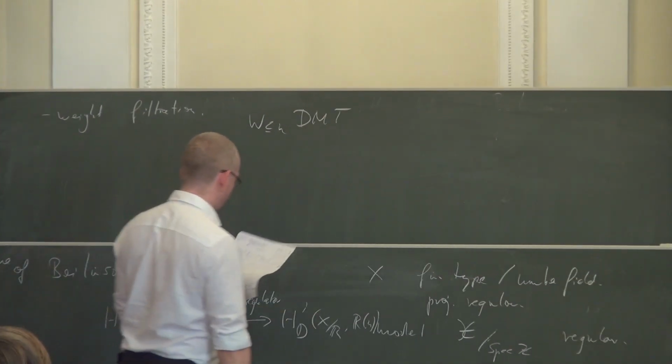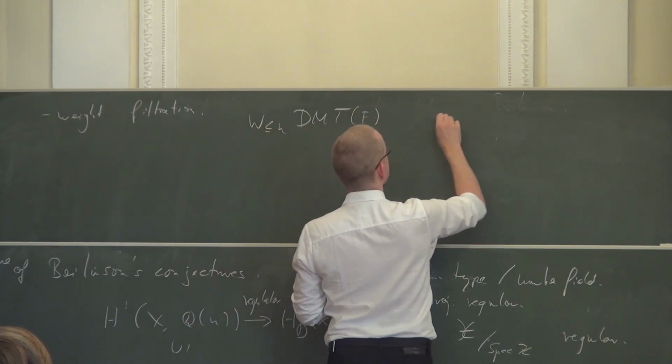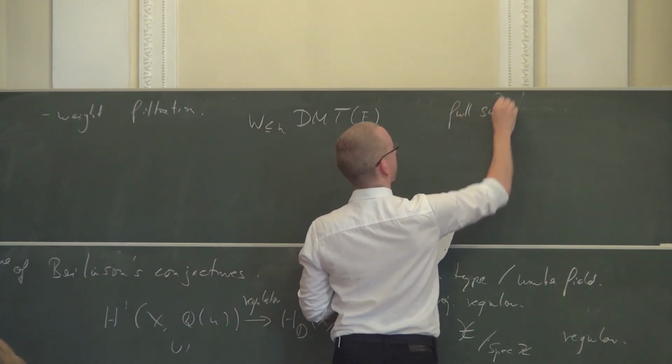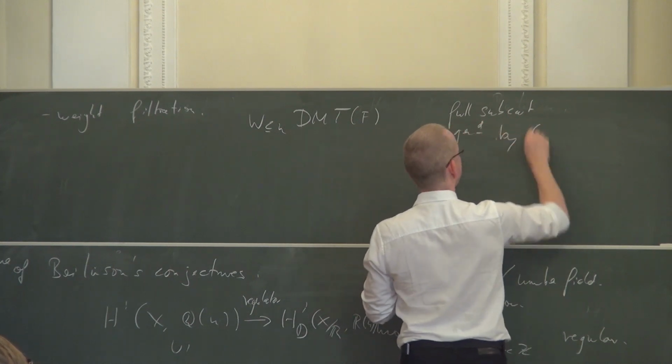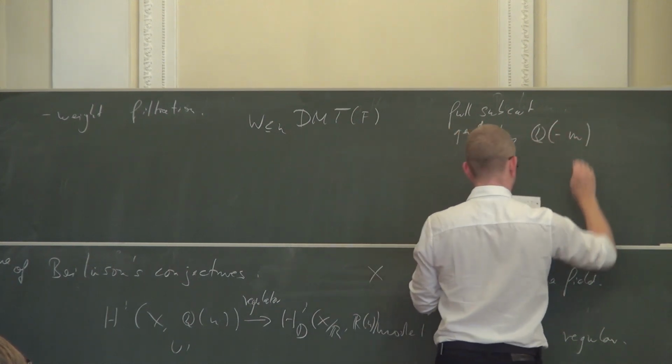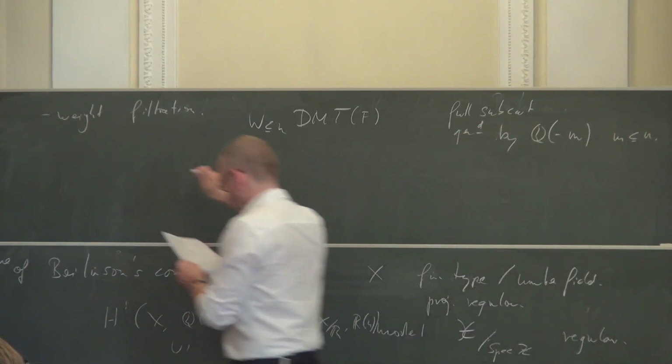So we define W less or equal n DMT of F as the full triangulated subcategory generated by Q(-m) for m less or equal n.